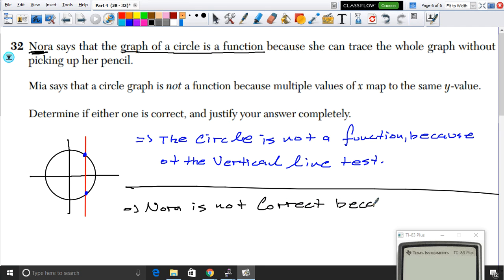Nora is not correct because the circle is not a function. Or let's just say because of the vertical line test.